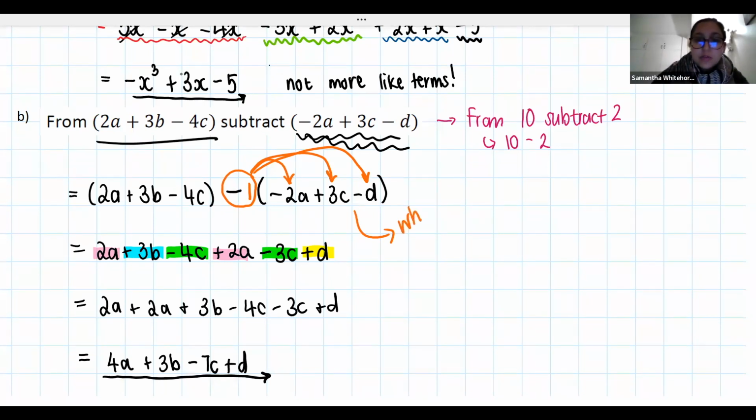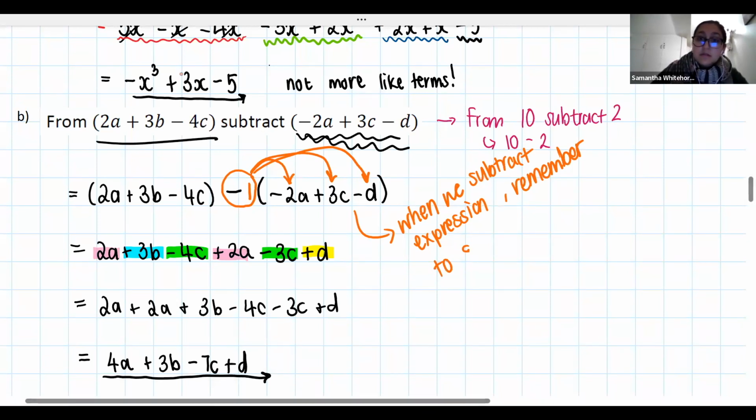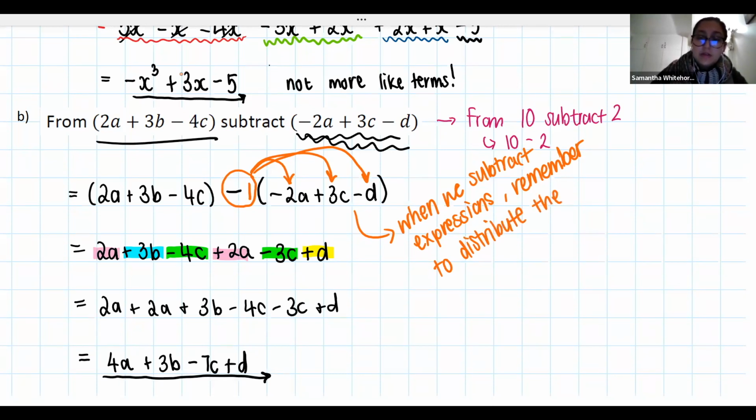So when we subtract expressions, remember to distribute the negative 1. You distribute the negative.